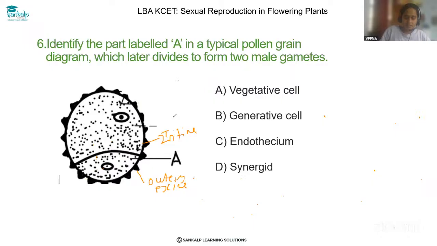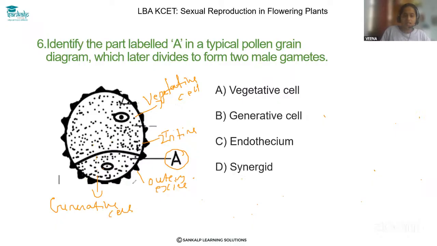And this one bigger part is called the vegetative cell. And then another small region is there, no? So that region, labeled here as A, is called the generative cell.